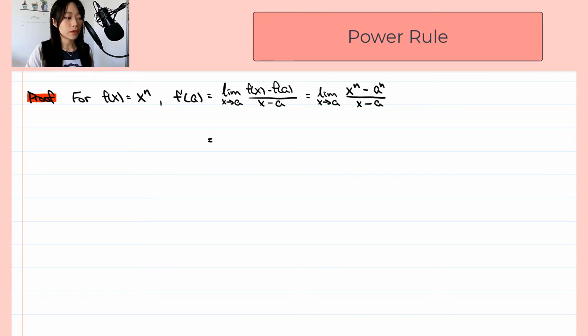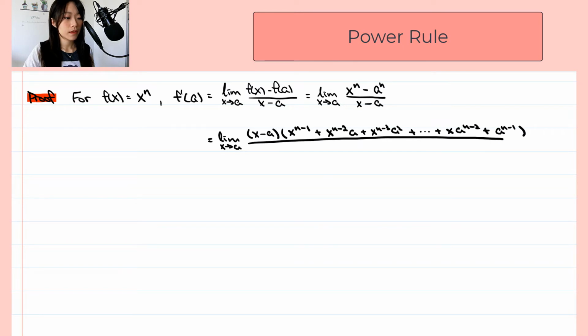So this equals the limit as x approaches a of x minus a times x to the power of n minus 1 plus x to the power of n minus 2 times a plus x to the power of n minus 3 times a squared, and so on, plus x times a to the power of n minus 2 plus a to the power of n minus 1, over x minus a.